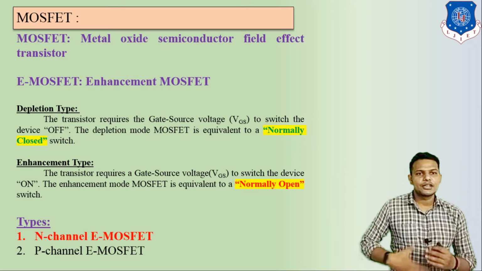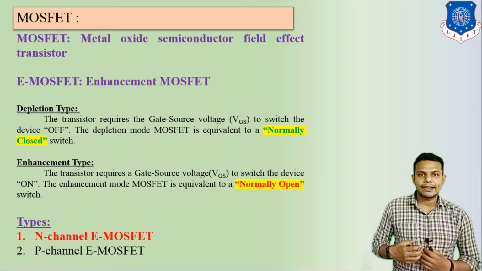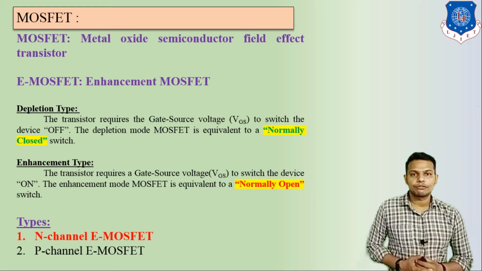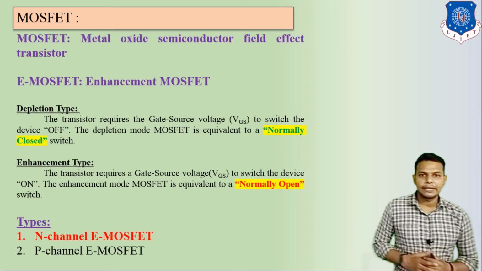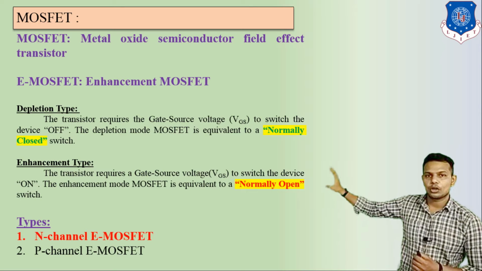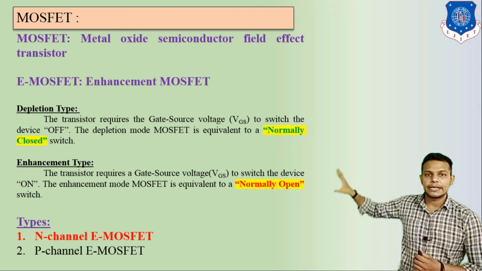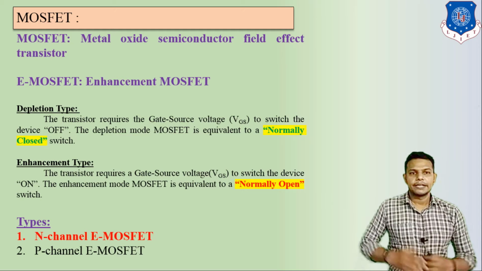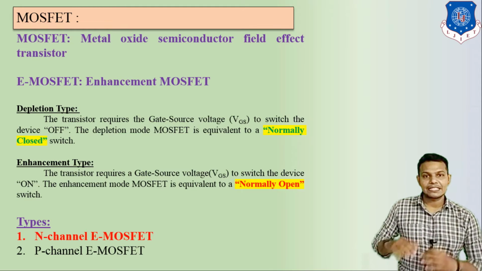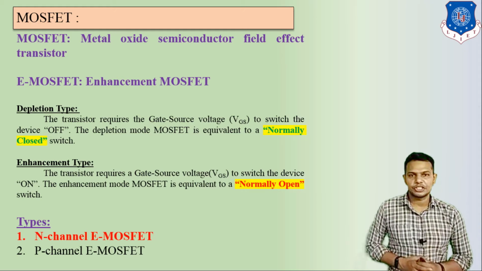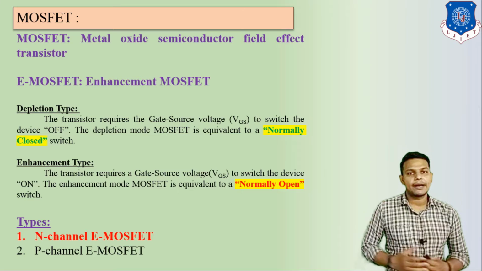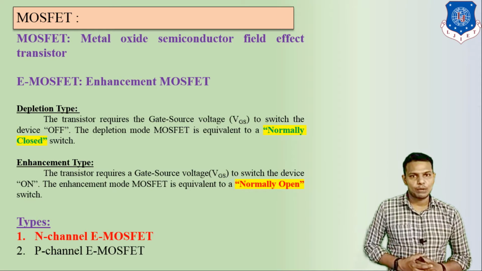Depletion type is normally known as device on, that means it is normally closed switch, whereas enhancement type is known as device off, that means it is normally open switch. So these are the differences between the enhancement type and depletion type MOSFET.